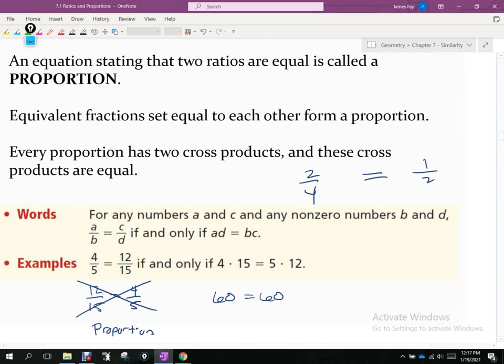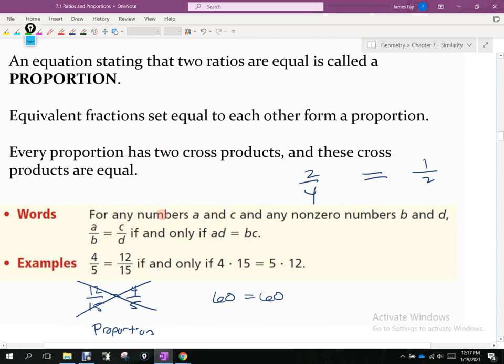If the ratios are unequal, those 2 products will be unequal. Does that make sense? And then you would not have a proportion. That logic right there, that concept, is what allows us to cross multiply to solve for variables in proportions.